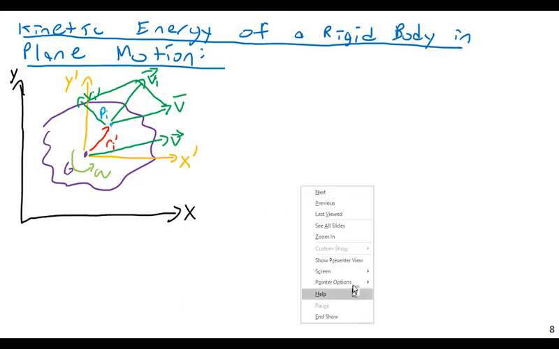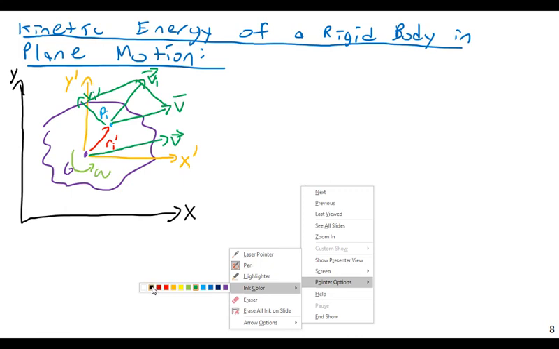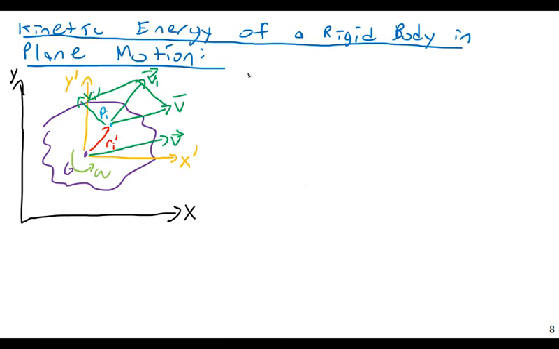Okay? So again, let me define these again, because I know that I went through that fairly quickly. V bar would be the velocity of the whole object, or the average velocity of the whole object.